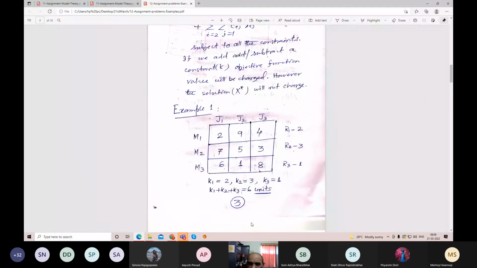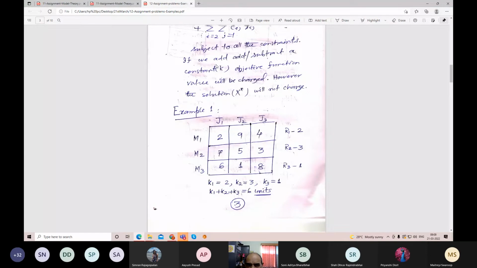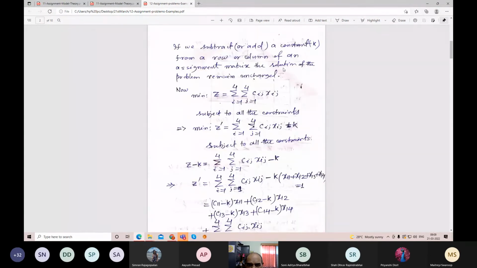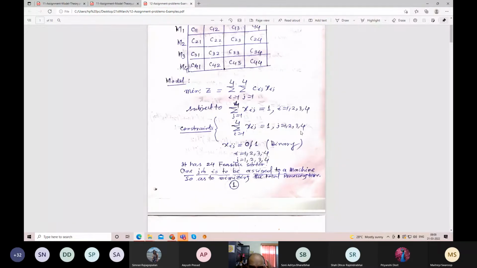In the assignment problem, the constraints are like this. You want to minimize the objective, subject to the summation over j from 1 to 4 of xij equal to 1, for i equal to 1, 2, 3, 4. Similarly, the summation over i from 1 to 4 of xij equal to 1, for j equal to 1, 2, 3, 4, and all the variables are binary.